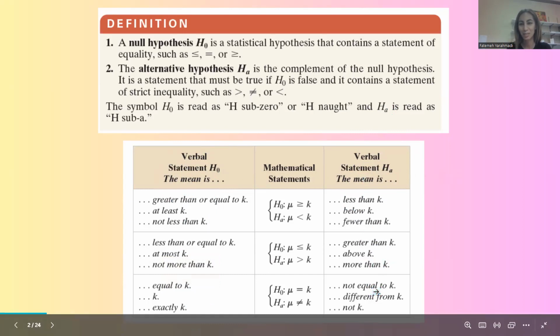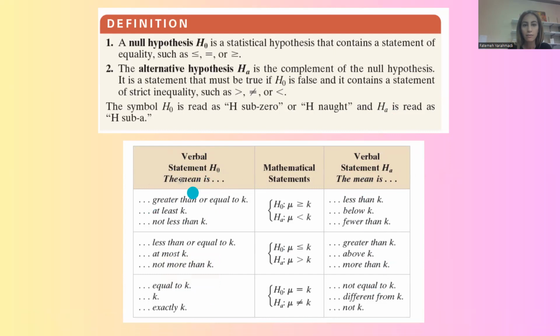So let us begin. If you have a verbal statement that says the GPA is greater than or equal to 3, the GPA is at least 3, the GPA is not less than 3, it means that we have the null hypothesis.